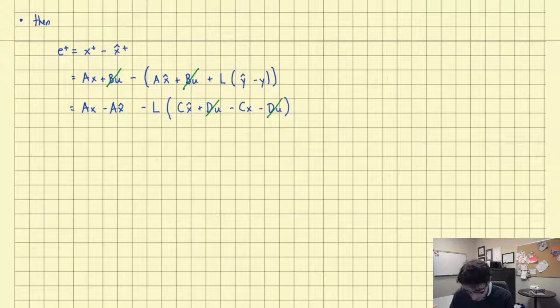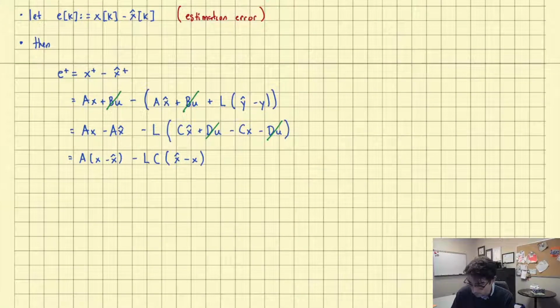Let's simplify this a bit. So this is going to be equal to A times (x minus x hat). That's, remember, our estimation error. Minus LC times (x hat minus x).